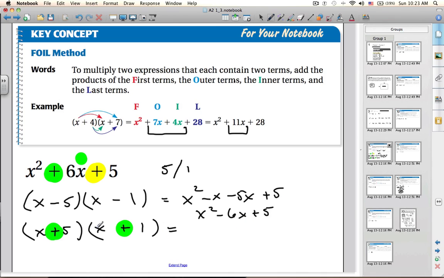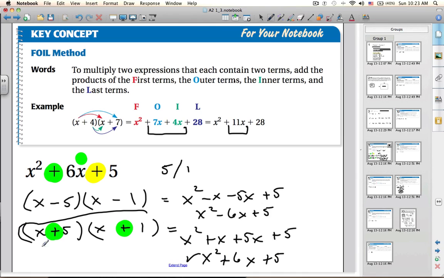On the other hand, when I multiply this one out, I'll still get x squared, and this time I'll get +x, and then I'll get +5x, and still get +5. So I have x squared plus 6x plus 5. This is the correct one, so this is my solution.